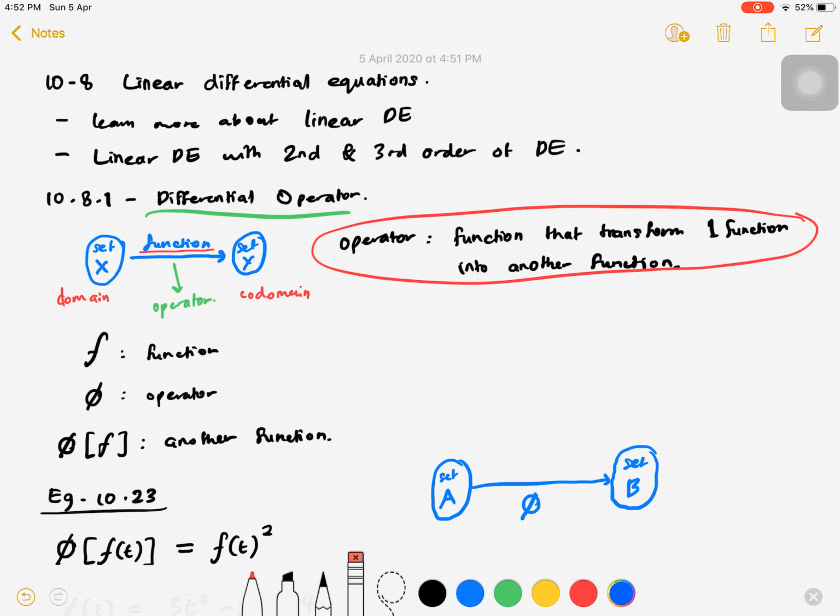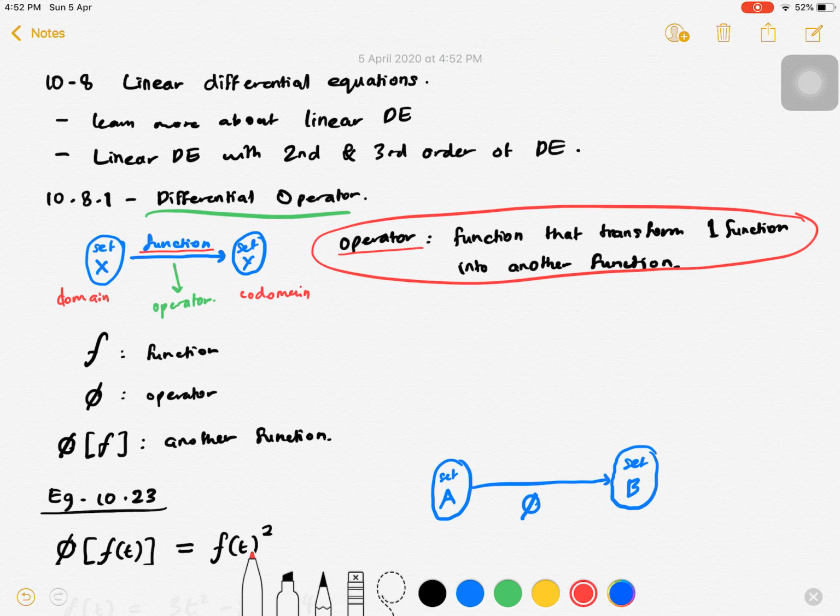What we call this is the operator, because it changes one function to another form of function. Okay, so that is what an operator is all about.